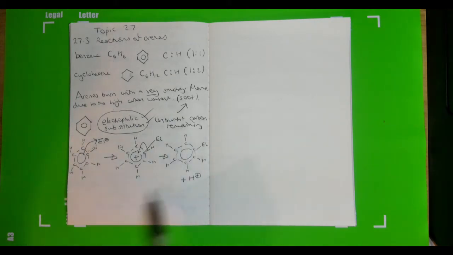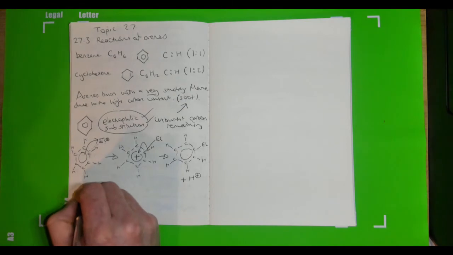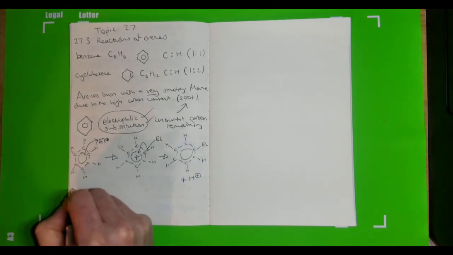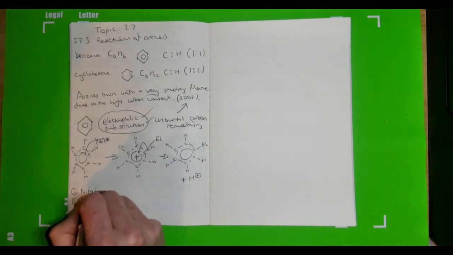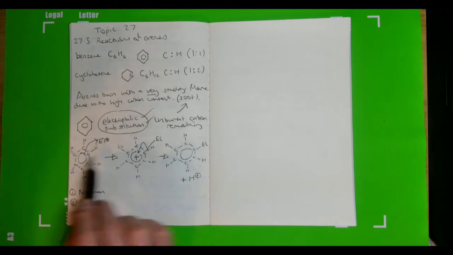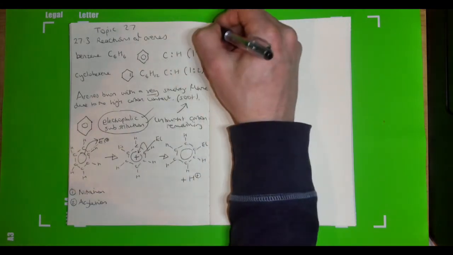So this is the overall reaction. The two that we look at are nitration and acylation, but in general, they form this general idea. The first thing we're going to do is look at nitration.